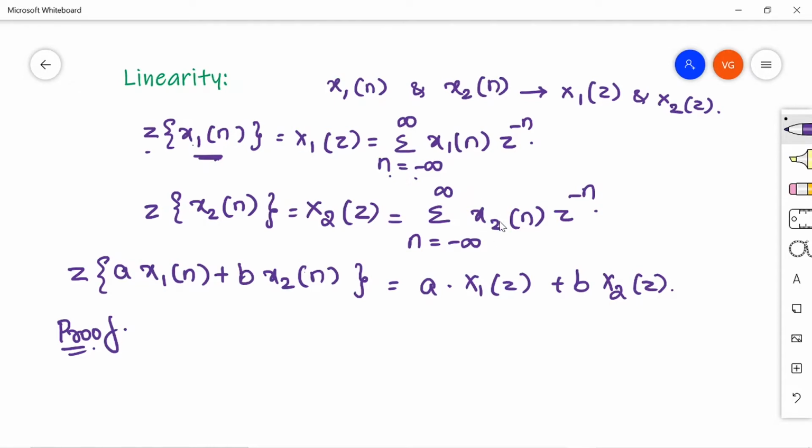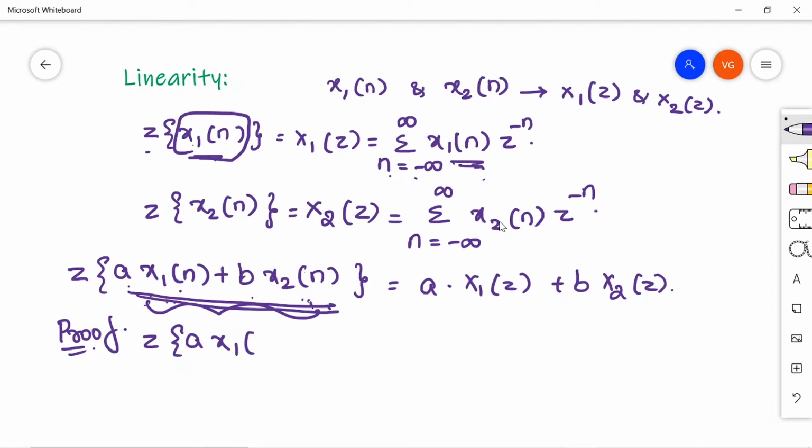Now suppose you want to write for this: in place of x1 of n, I have this much. This is my new signal, that is a x1 of n plus b x2 of n. So in place of x1 of n, I have to write this much signal, right? Let us write a x1 of n plus b x2 of n.